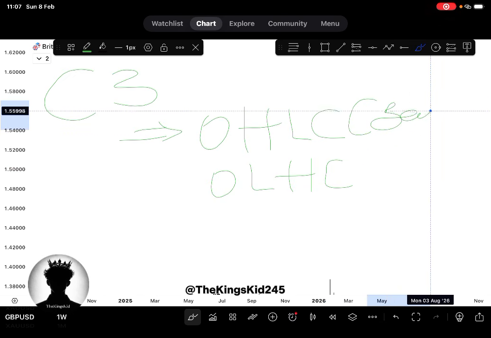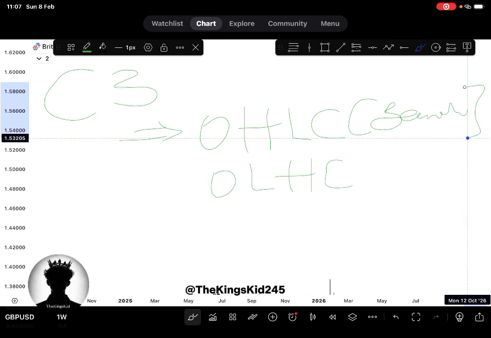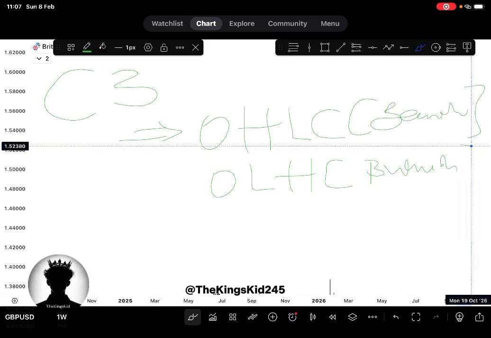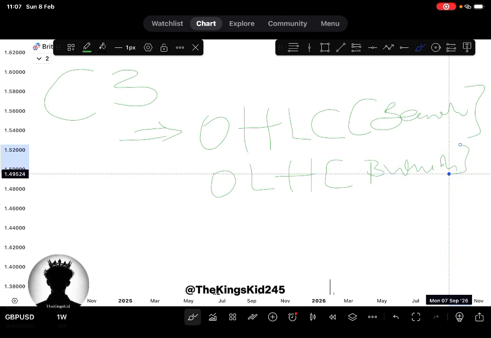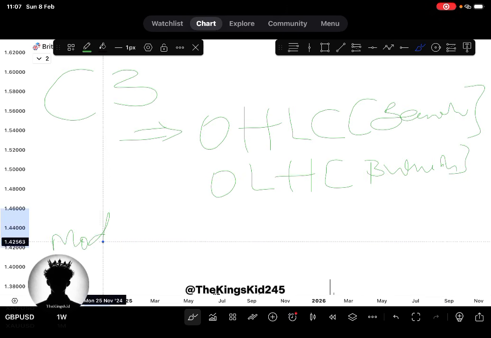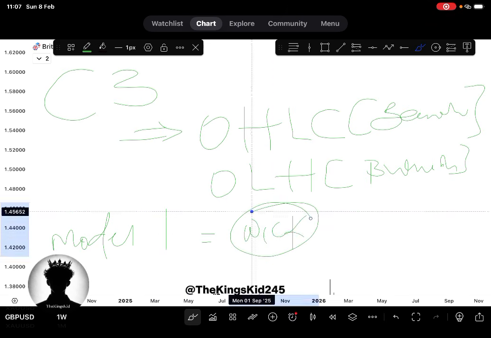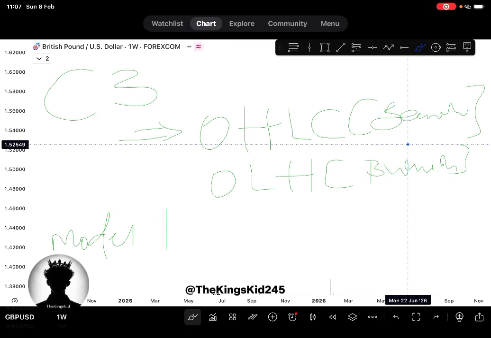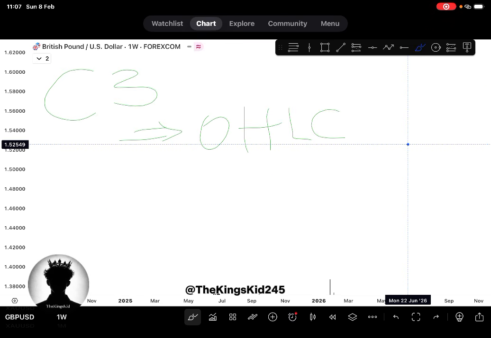Then the open low high close is for a bullish C3. I'm showing you because a lot of you have issues when you're trying to catch your model 1. Then you get wicked out before the market rallies, right? So I showed you how to be able to catch C3 perfectly.